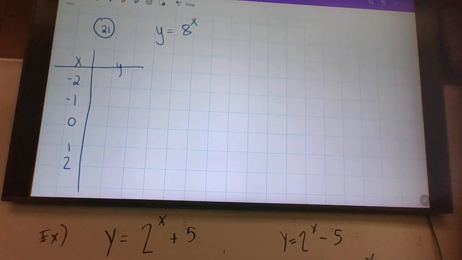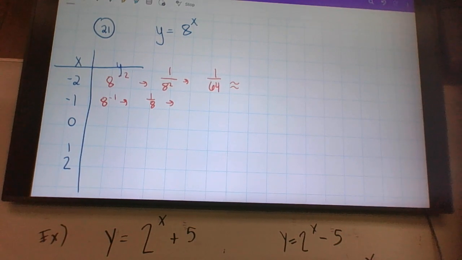So this is 8 to the -2, which is 1 over 8 squared, which is 1 over 64, which I don't even know. Can someone get a calculator and divide 1 by 64?